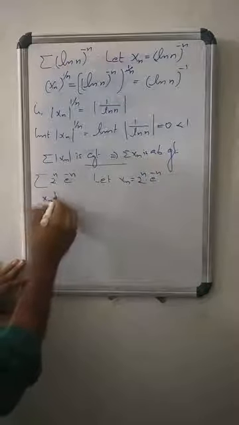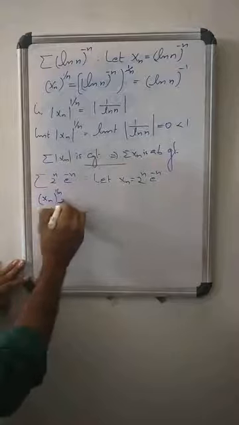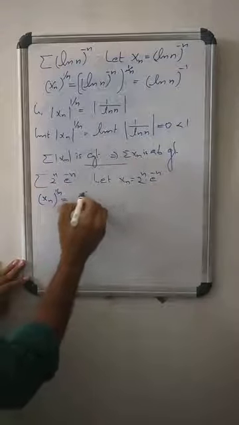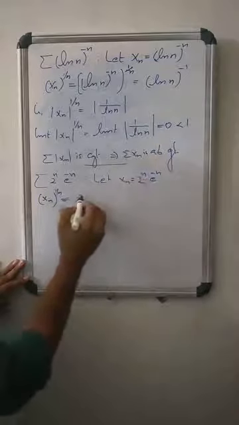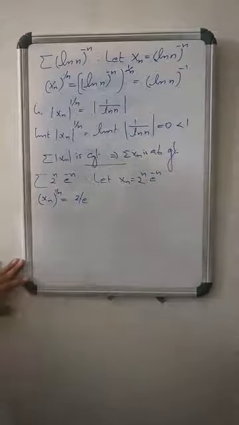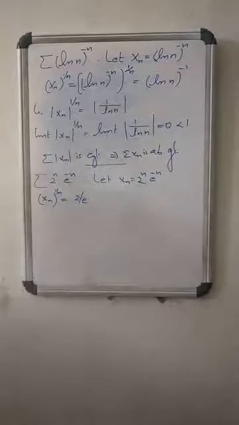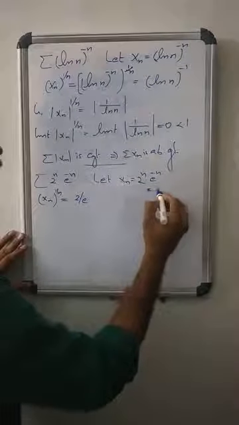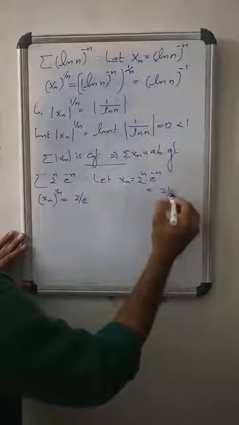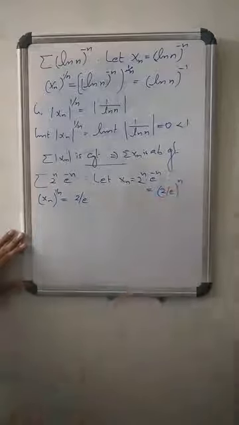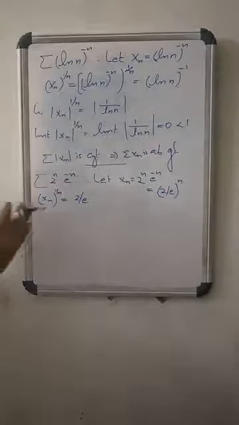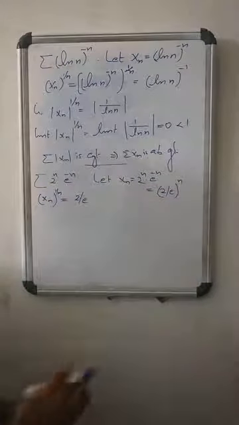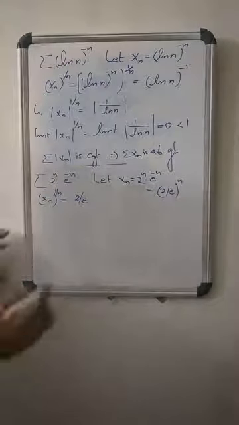So what is xn to the power 1 by n? 2 power n into e power minus n is (2 by e) to the power n. So xn to the power 1 by n is ((2 by e) to the power n) to the power 1 by n, that is 2 by e.